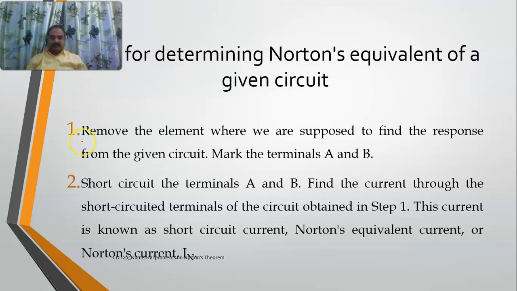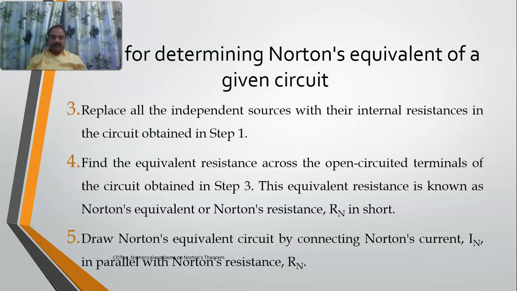The first thing is you remove the element where we are supposed to determine the response. Number 2, you determine the short circuit current, or what we call Norton's current. Step number 3, you replace all the independent sources with their internal resistance. Step number 4, you determine RTH, we also call it Norton's resistance. And finally, you draw the Norton's equivalent circuit.